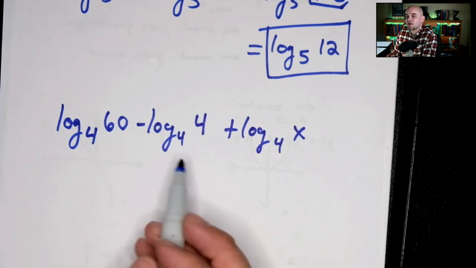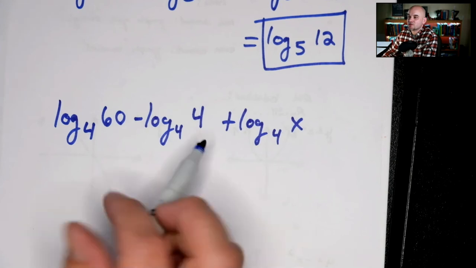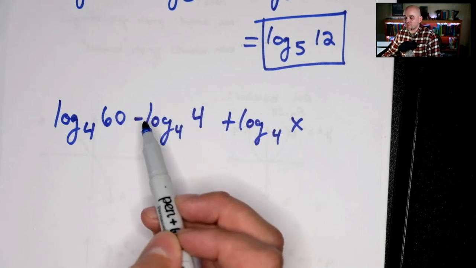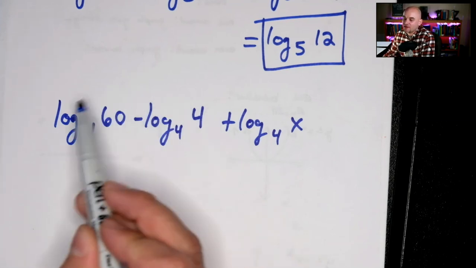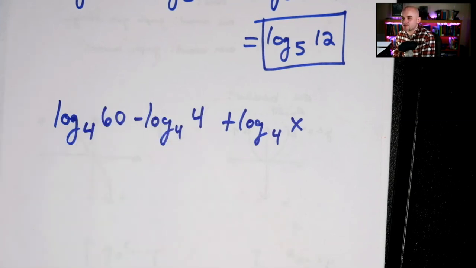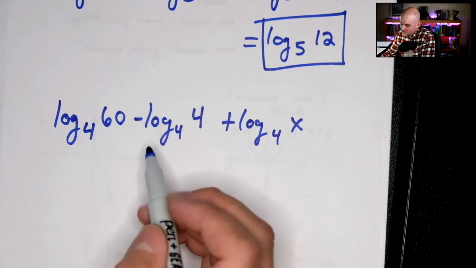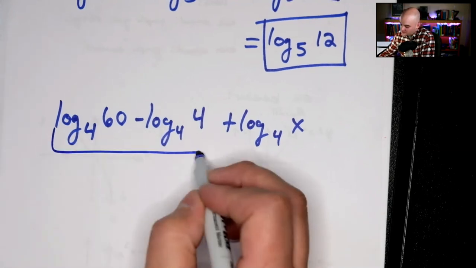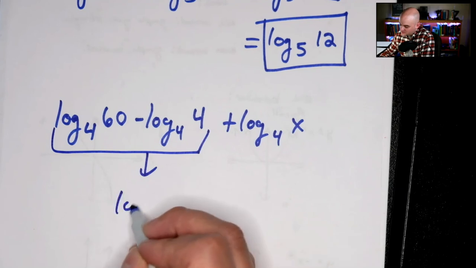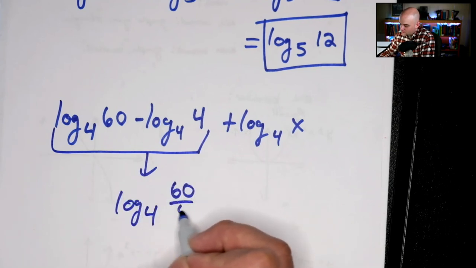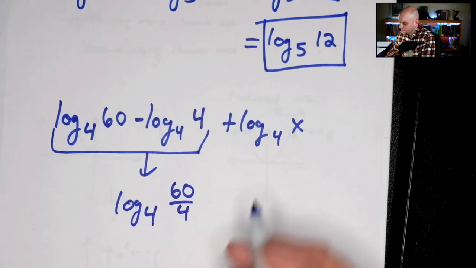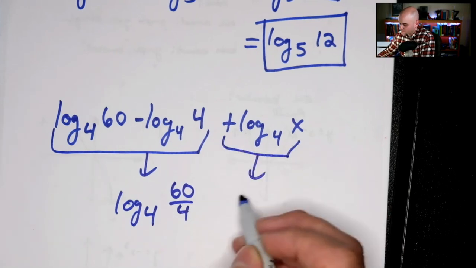I still want to follow order of operations here, which means to add and subtract from left to right in order there. So I want to combine these two first because that makes a difference here. So combining these, I'm going to say this is the same thing as log base 4 of 60 over 4. And then, of course, we're going to bring this down.